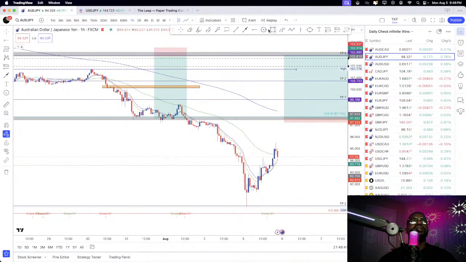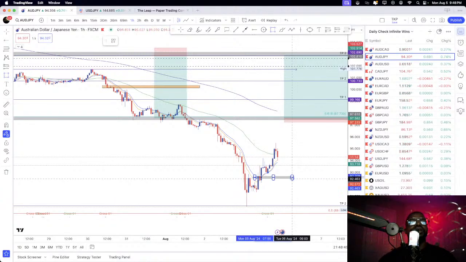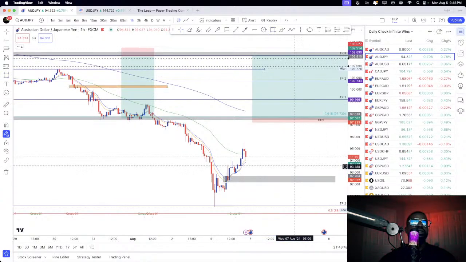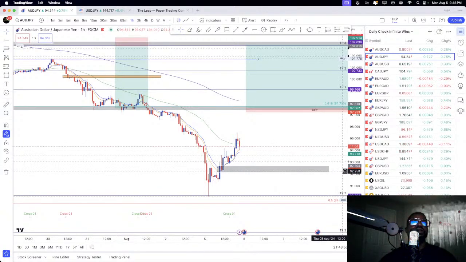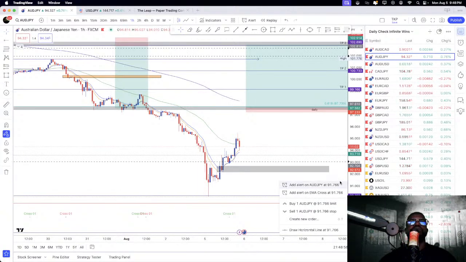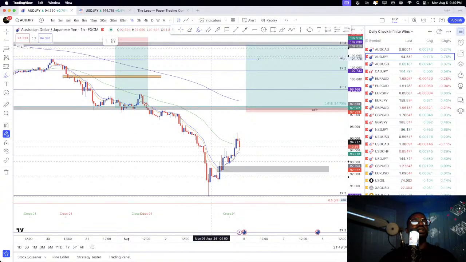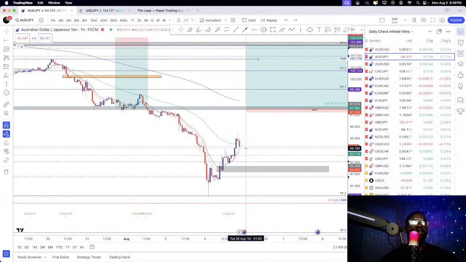Okay. So here it looks like we can get a pullback. So with this one, with all of these different possibilities blowing up on us, I definitely think we should wait until the London session because we're creating an uptrend.